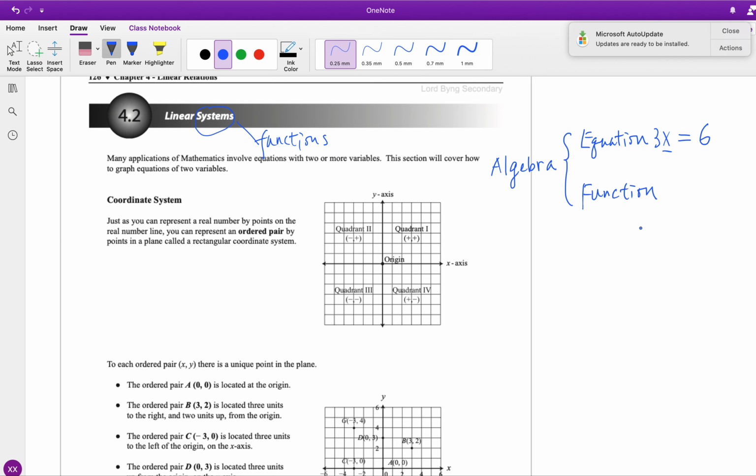Now, functions. All of a sudden, we have two variables. Note, we have two variables here. One is x, one is y. So what does that mean? Well, I will explain later by telling a story. Here, only one variable, just x.